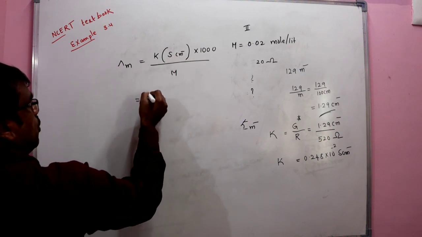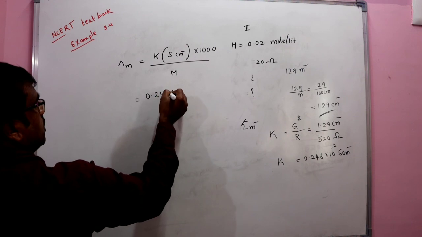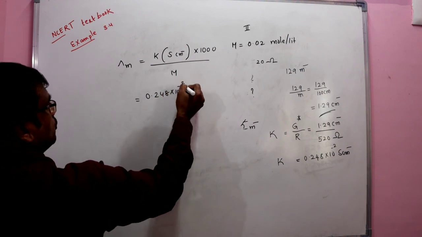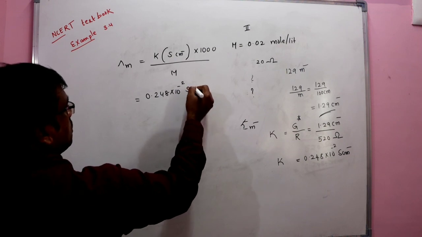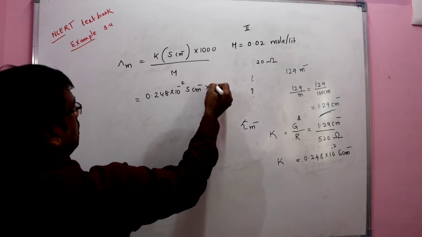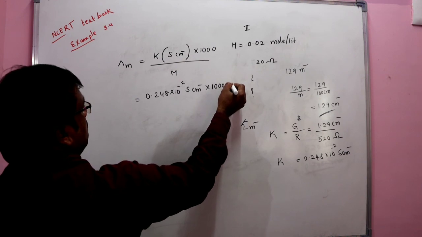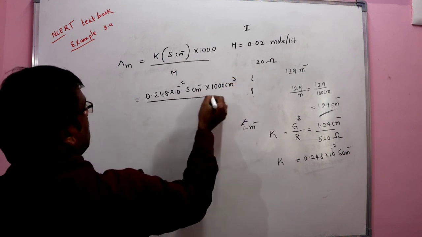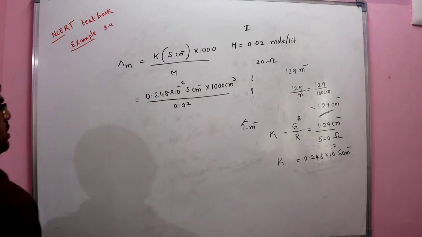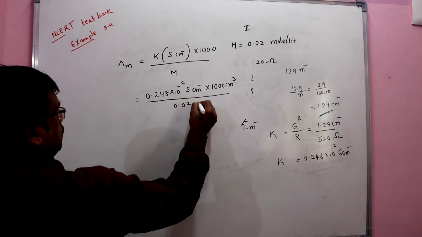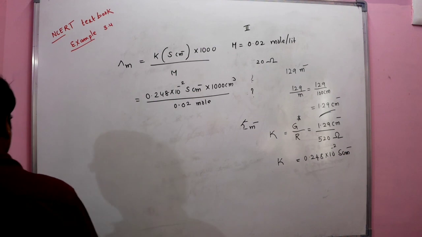K is 0.248 into 10 power minus 2 Siemens centimeter inverse into 1000 centimeter cube, divided by how much concentration they gave? 0.02 moles. And we have to simplify this.